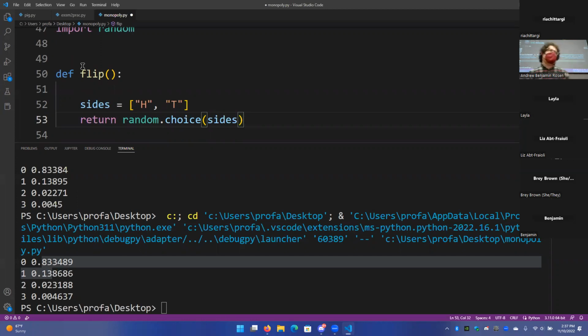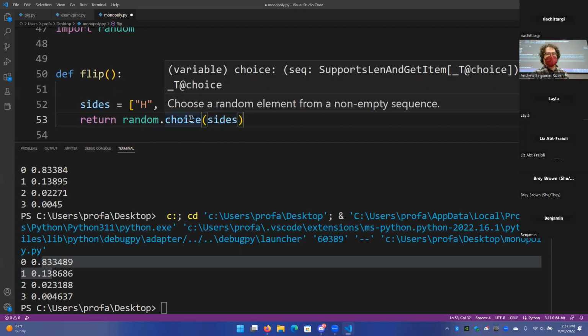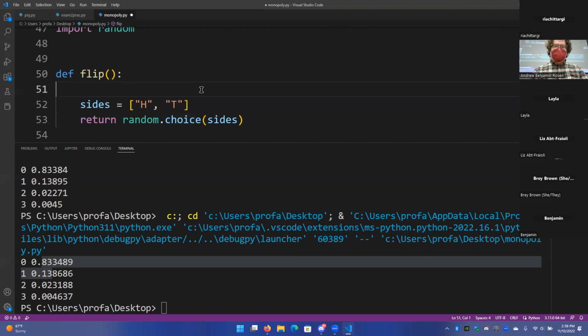And it's going to be 50-50. Python says that it chooses a random element from a non-empty sequence. When it talks about random, unless it specifies it's uniformly at random, meaning that nothing has more weight than anything else. Okay, so that's our flip function.